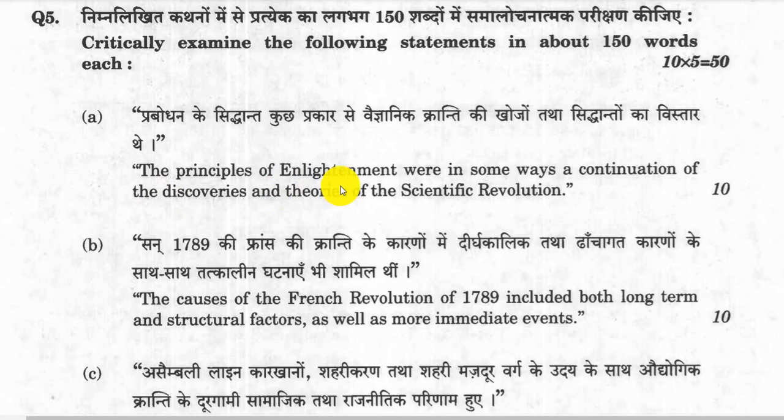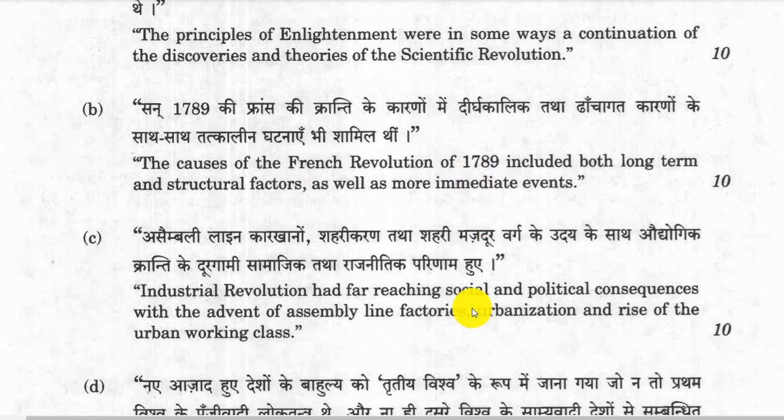The principles of 18th century Enlightenment were in some way a consequence of the discoveries and theories of the Scientific Revolution. The causes of the French Revolution of 1789 included both long-term and structural factors as well as more immediate events.